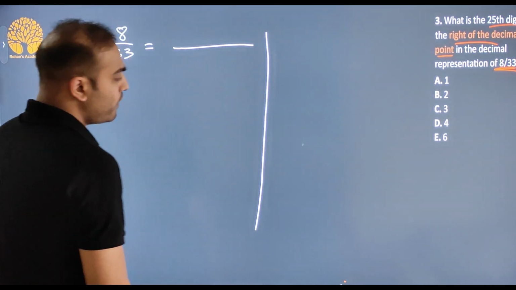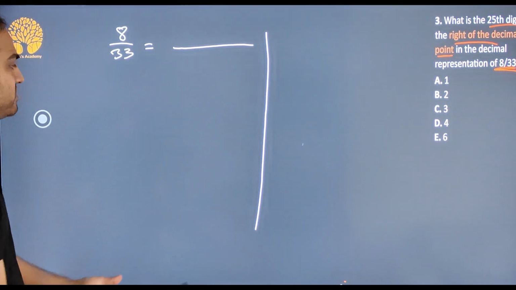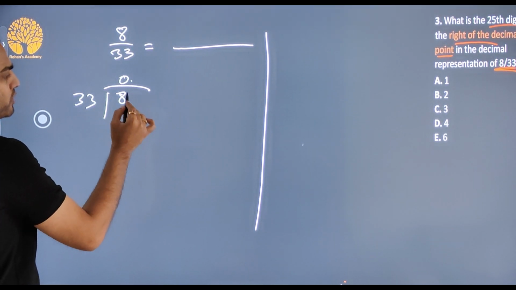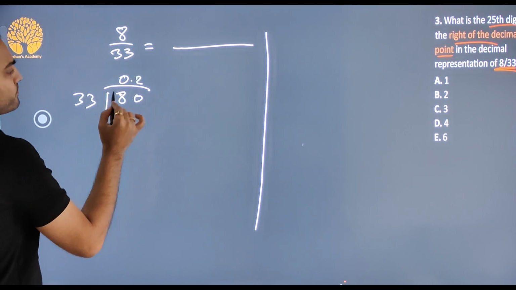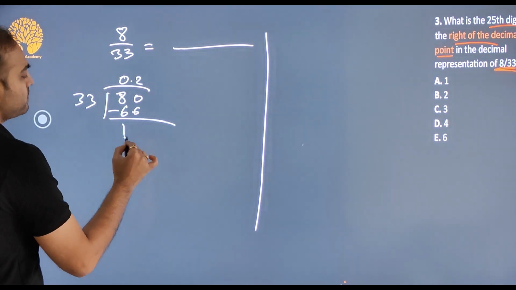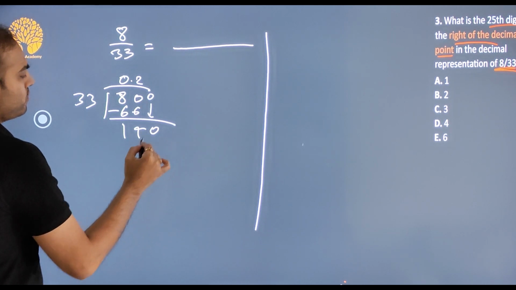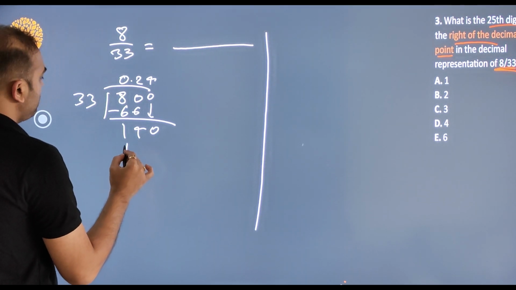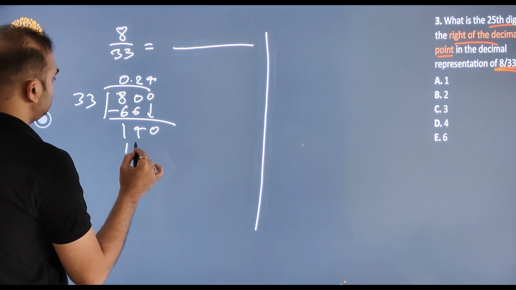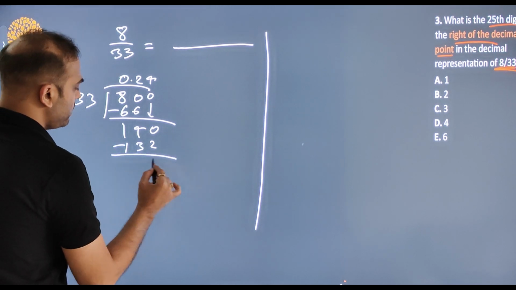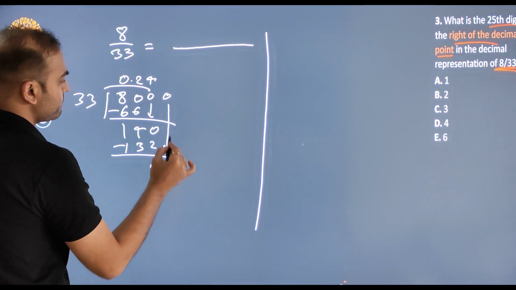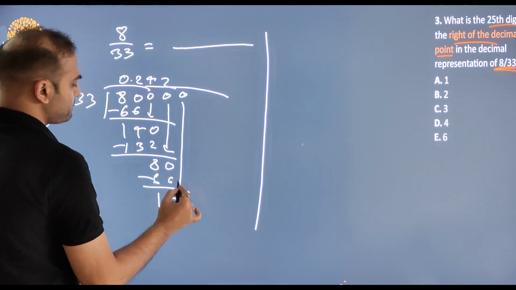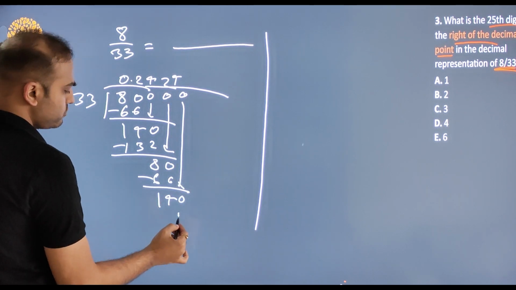Now one way to solve would be to simply divide. 8 by 33, put a decimal so that you can carry a 0. 2s are 66, 14, 140, 33 4s are 132, again 8, 0, 2, 66, 14, 4 and so on.